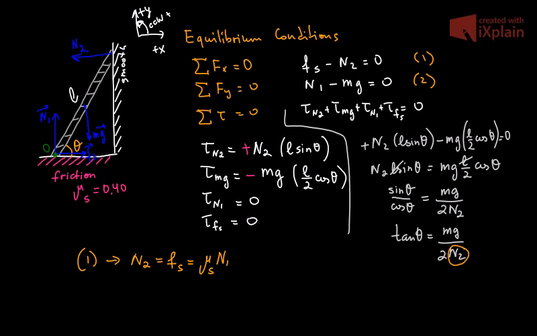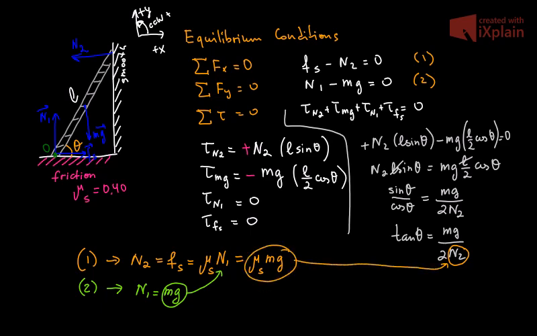From the second equation, I can find N1: N1 equals mg. Plug this into here and I will get mu s mg. Now I can plug this back into my original equation for tangent theta and solve for theta.